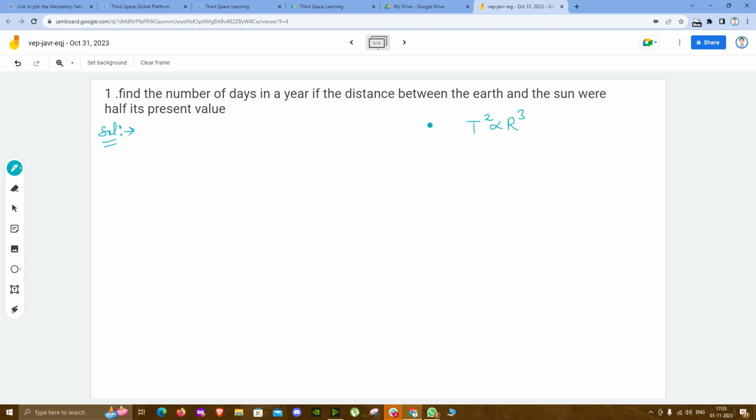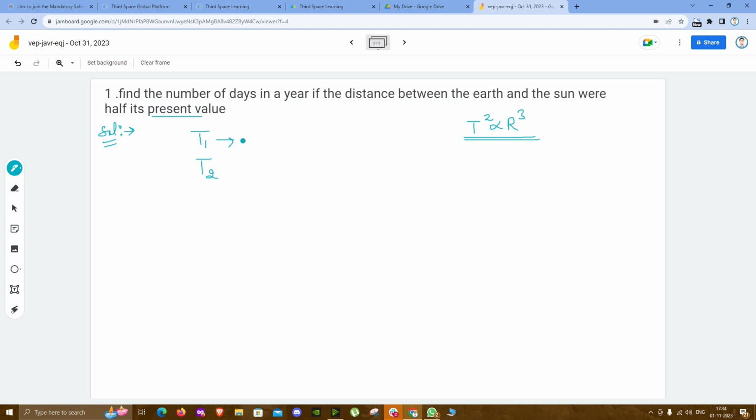We know that T square is directly proportional to r cube. The important point here is that we are taking T1 and T2. Let's say T1 and there is a T2 time period too. T1 we already know, right? Let's talk about the present values first. We know the time period for the earth to revolve around the sun.